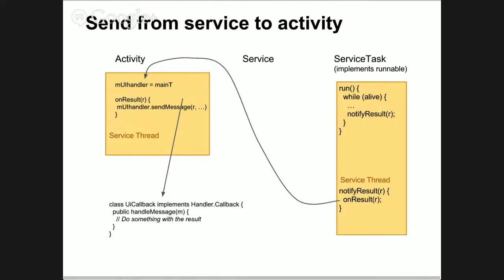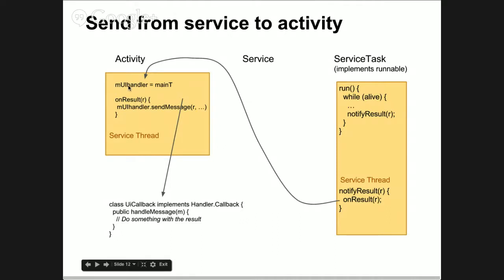So we need somehow to pass a message to ourselves to make the same information pop out in the right thread, in the UI thread. We need to transmit information within the same object, from the service thread to the UI thread. And we do this by relying on a general message passing mechanism that is available in Android.